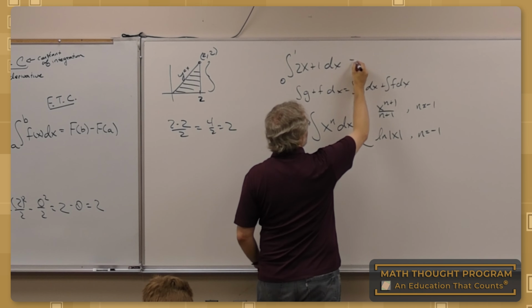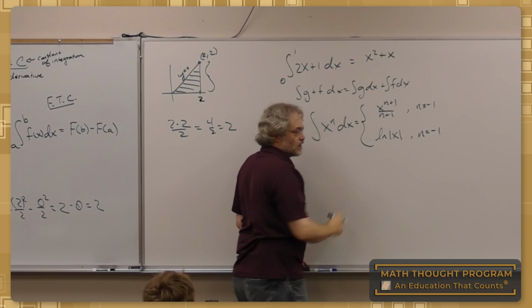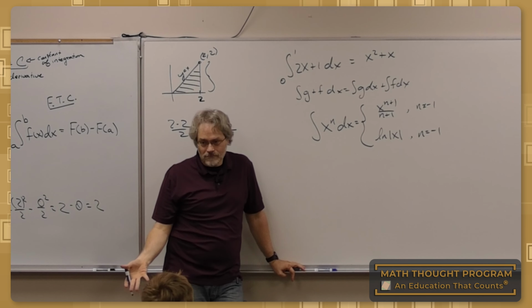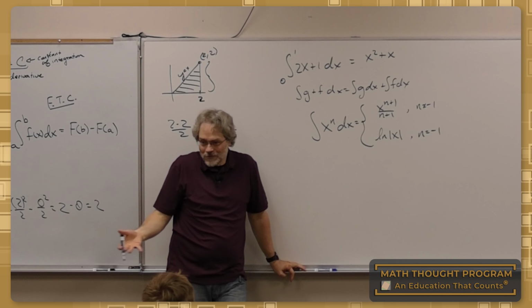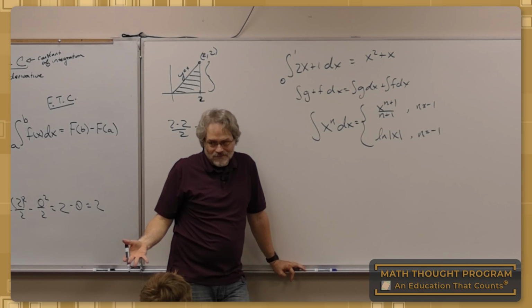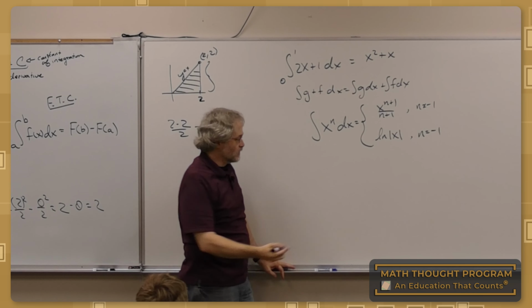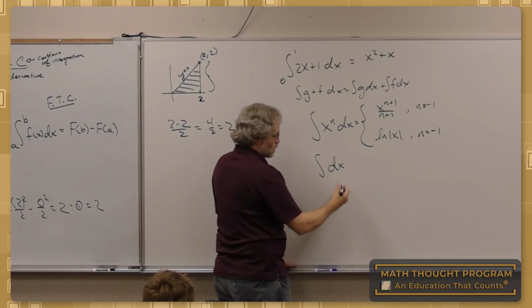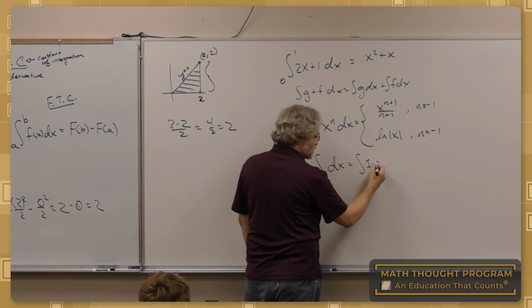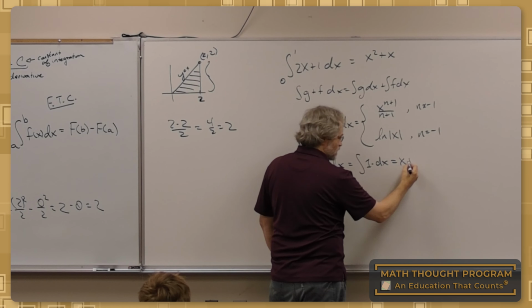change everything over. We'll have x squared plus x, because when you integrate 1, what's the derivative for something that's going to get you the 1? The derivative of x is 1. That's why we're going to get to that value. So I can also write in terms of just integral dx, or if I want to, I can say integral 1 times dx. They mean the same thing, but we are going to get this x and then plus c.